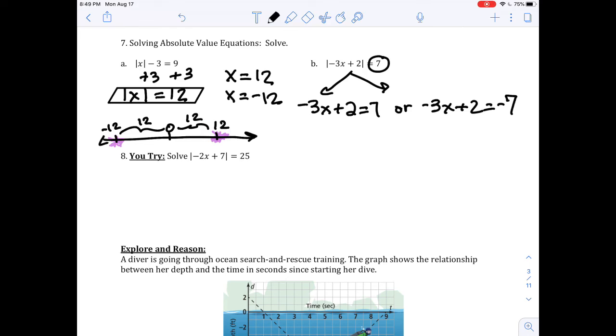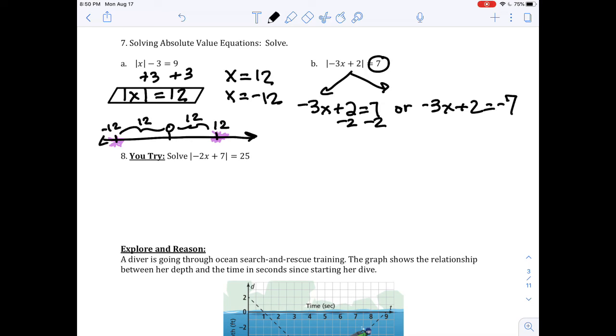So absolute value equations will always be set up into 2 cases. The first case is equal to the number, so equal to 7, and the second case is equal to the opposite. Because again, think about on the number line where the distance to 0 is 7. That's going to be 2 locations, 7 and negative 7.